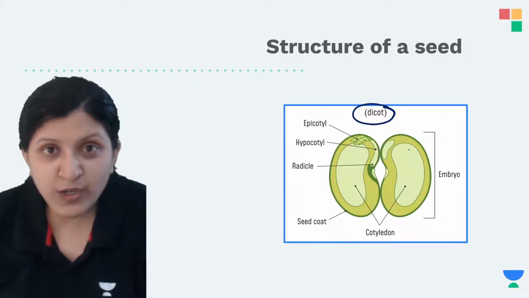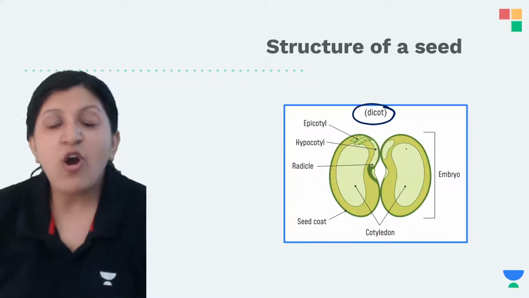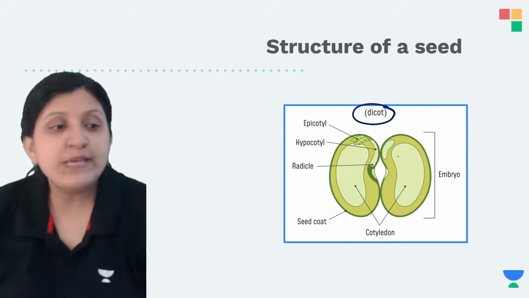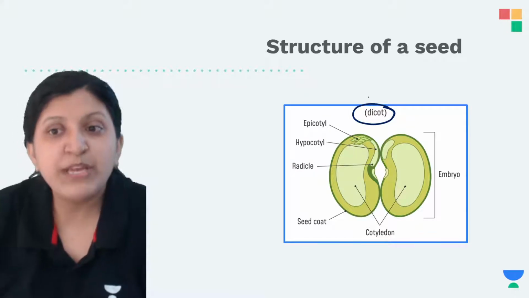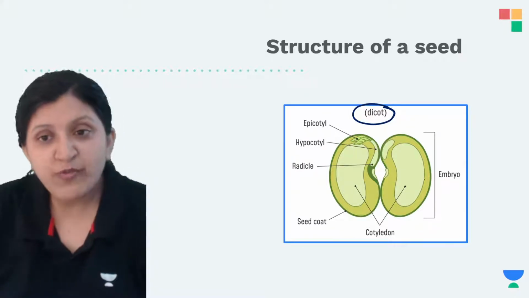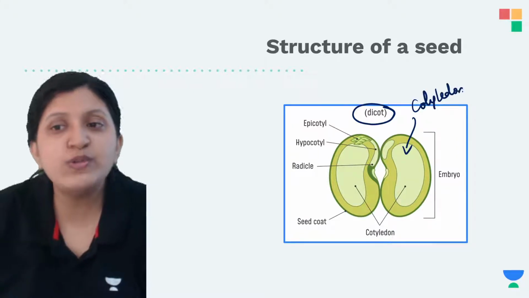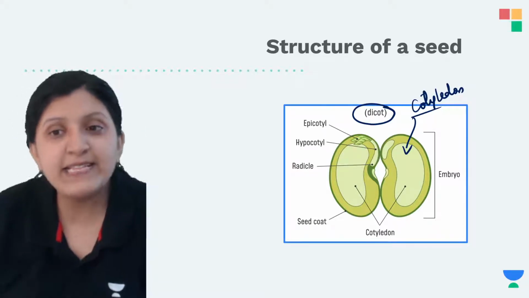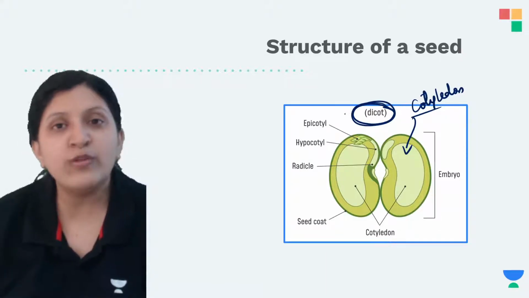So there is no endosperm, and that is why we call it ex-albuminous or non-endospermic. What is the meaning of that? Basically, there is no endosperm formation. Even though endosperm was there, all that endosperm is converted into cotyledons. All the nourishment is used up in the formation of the two cotyledons, and hence it is a dicot, without the endosperm.